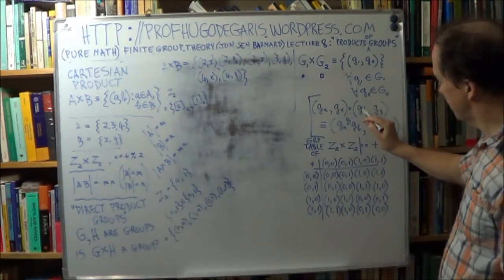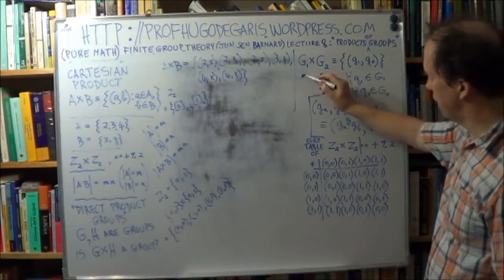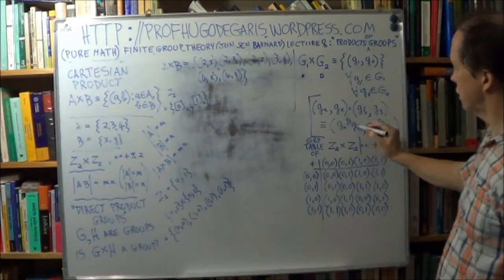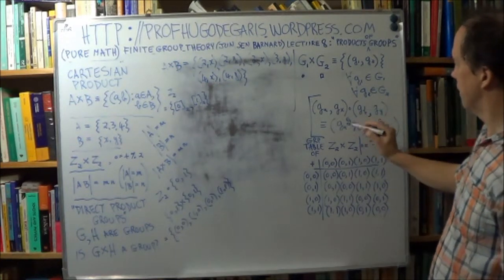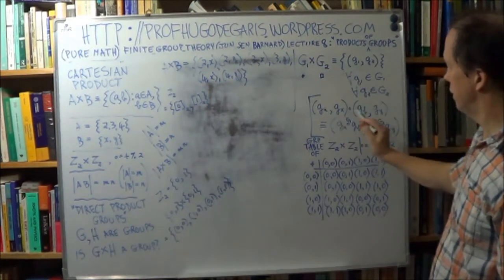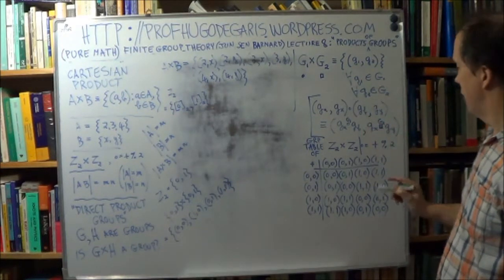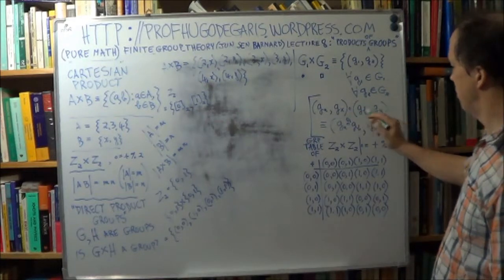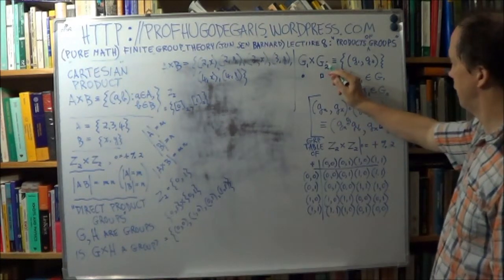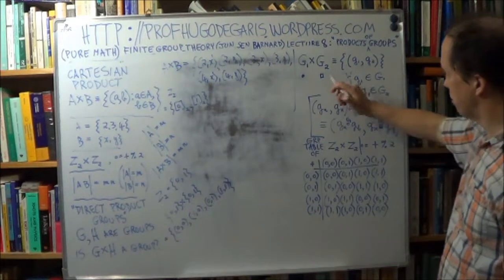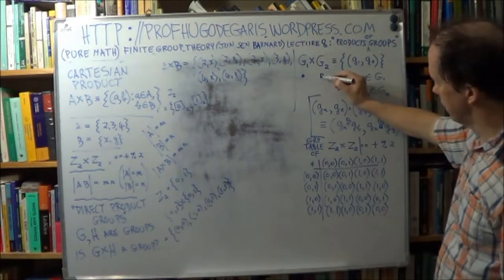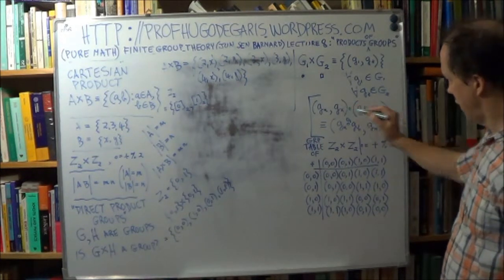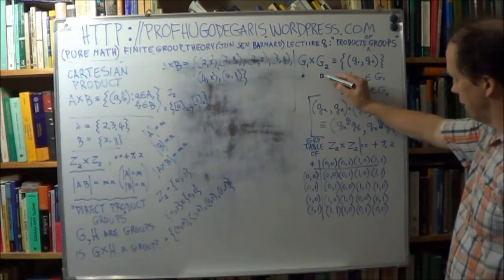So I take these two and perform the binary operation taken from G1, because these two are both from G1. And for the second components, I take these two, which are both from G2, and I use the binary operator of G2, represented by a little square.